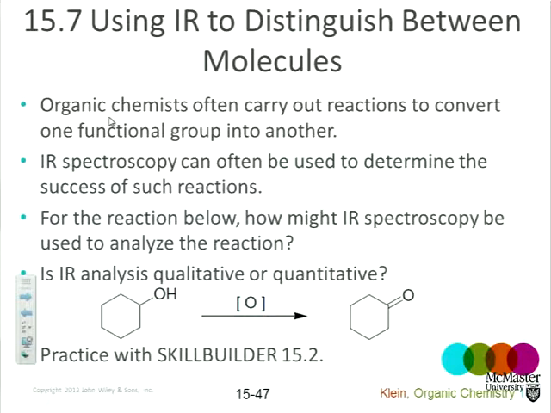So if I made the ketone, I should see that. If I still have the alcohol, no C double bond O, but I should have an OH stretch at about 3,300, right? But no CO. What if I had a mixture of the two? You're going to see both, right?